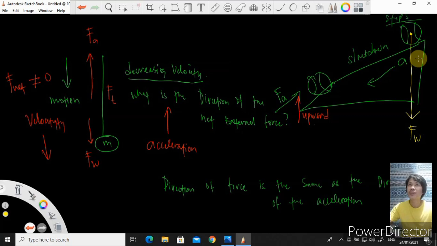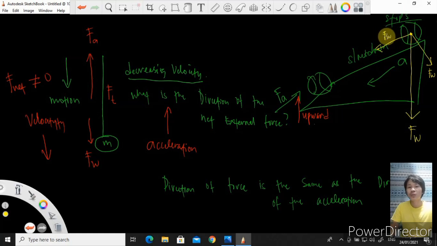Okay? So, ano yung dalawang component na yun? Ito kasi naka-inclined, para kang may Cartesian plane na nakatabingi. Okay? So, ito yung force of weight, at ito pa yung isa pang component ng force of weight.